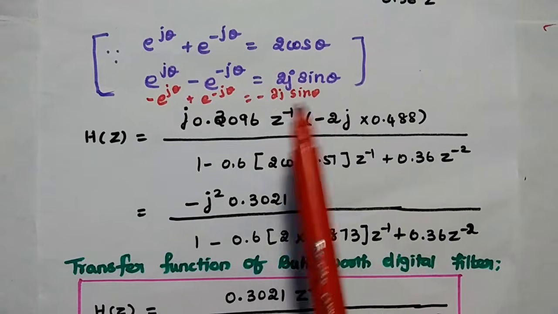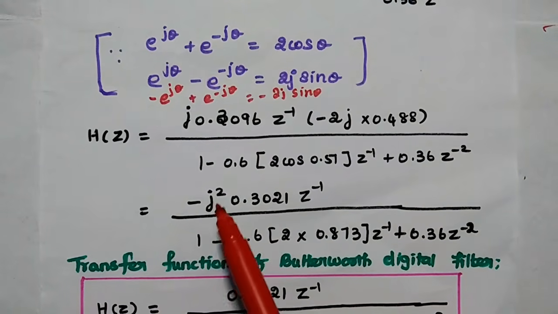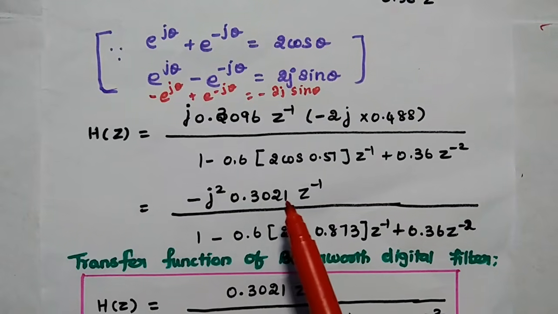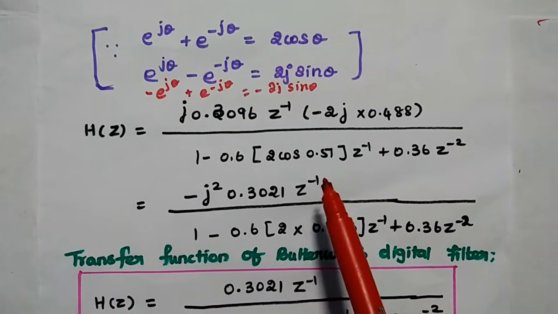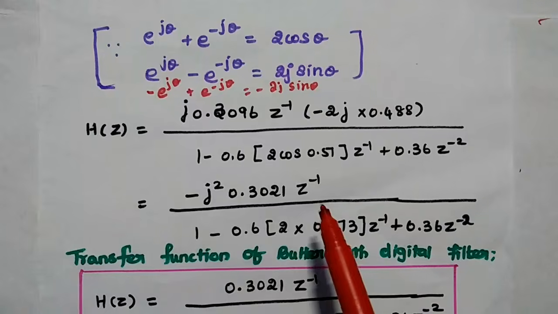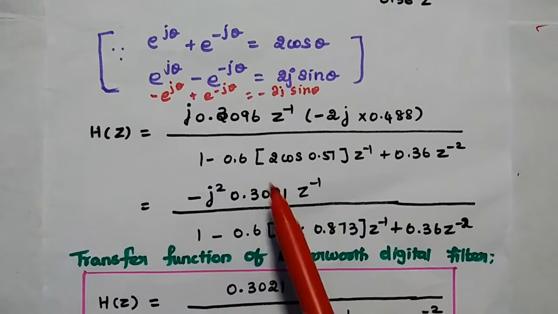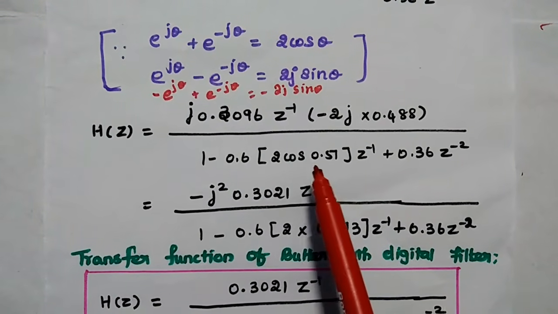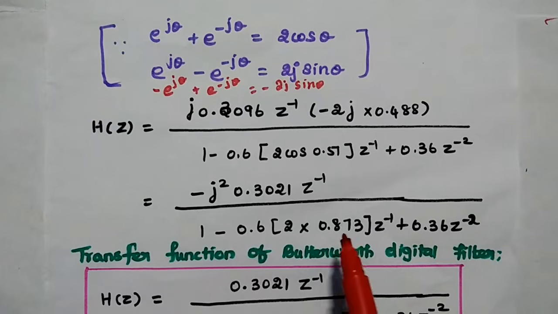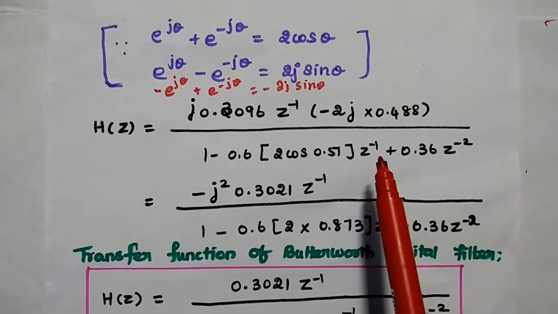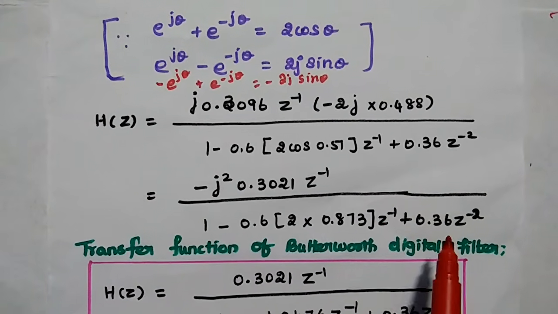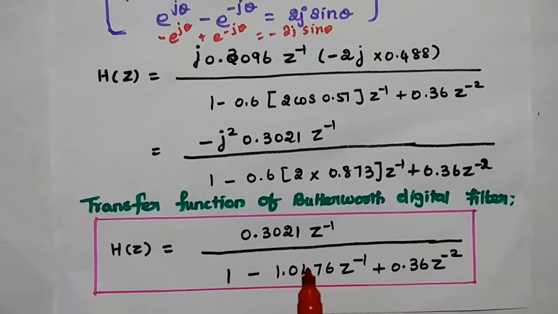Multiplying all the terms together, we get minus j squared 0.3021 z power minus 1, the whole divided by 1 minus 0.6, 2 into cos 0.51 value is 0.873, z power minus 1 plus 0.36 z power minus 2.